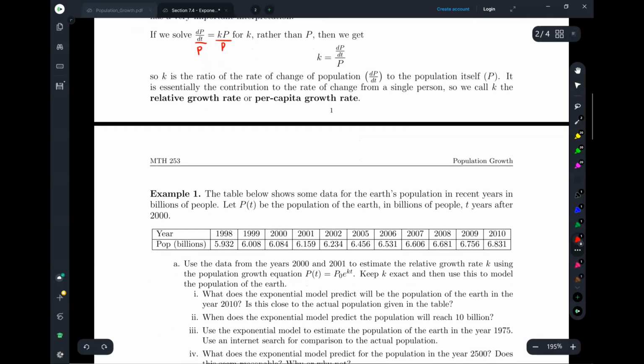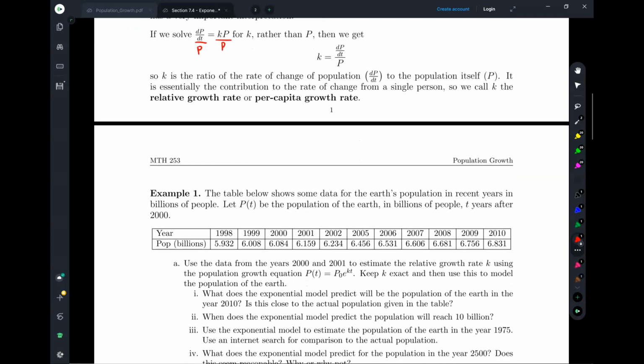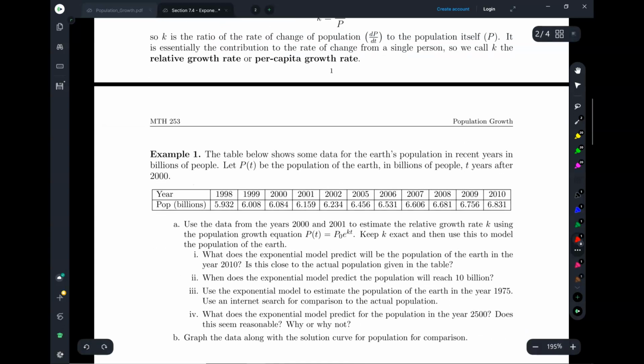So let's look at a specific example so we can wrap our heads around this k value idea. We're going to look at the Earth's population in recent years. This table shows us the Earth's population for various years in billions of people. You can see the population increasing here.